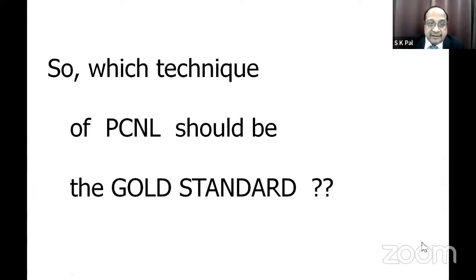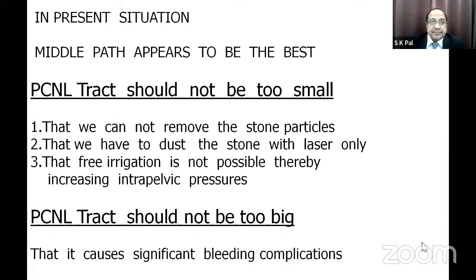So in this context, which technique of PCNL should be the gold standard? In the present situation, the middle path appears to be the best. The PCNL tract should not be so small that you cannot remove the stone particles and have to dust the stone with laser only. When you are doing PCNL, why not take advantage of giving more clearance and not dusting?